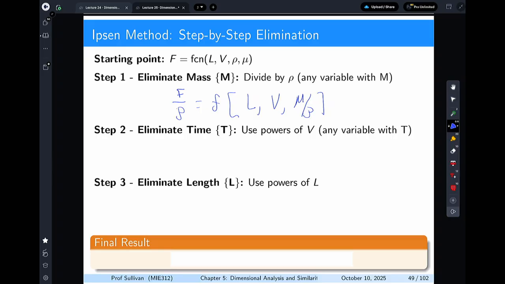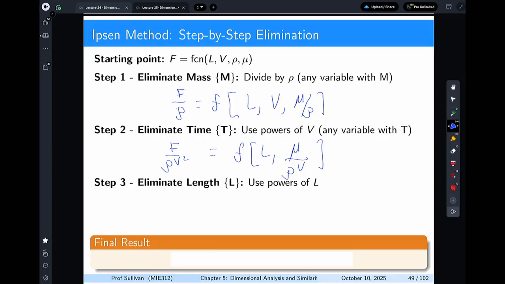If I want to eliminate time, I can do that by doing rho v squared equals a function of length and mu over rho v. And again, at this point, I have eliminated mass and I have eliminated time.